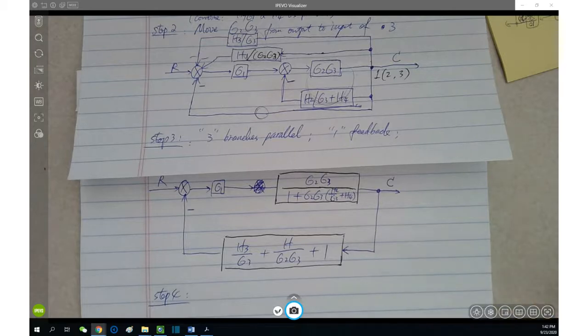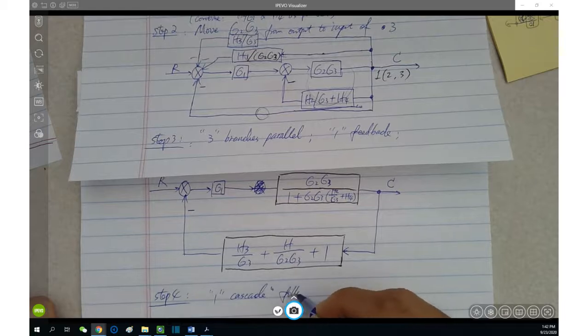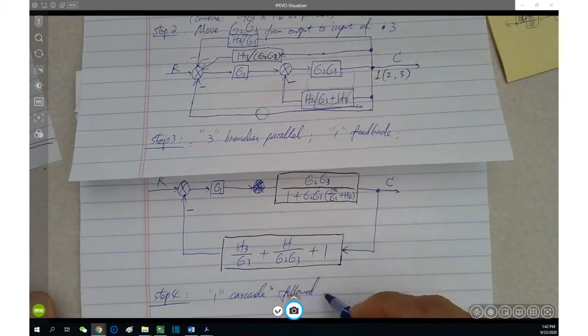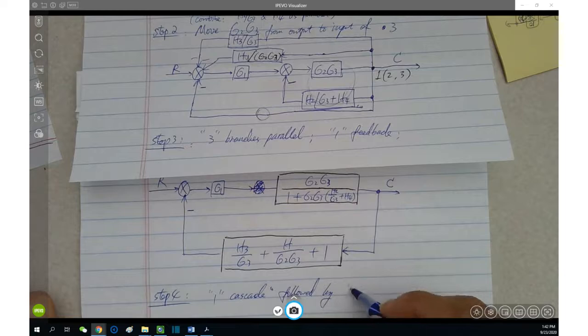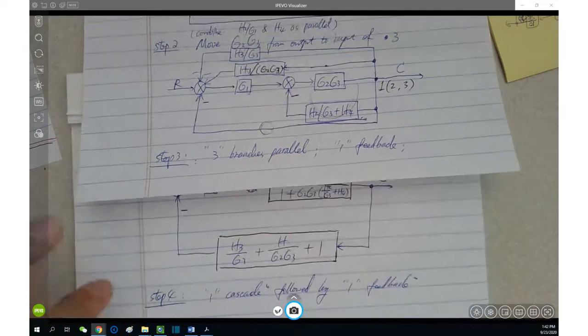It's just to do the last. So one cascade followed by one feedback, and done.